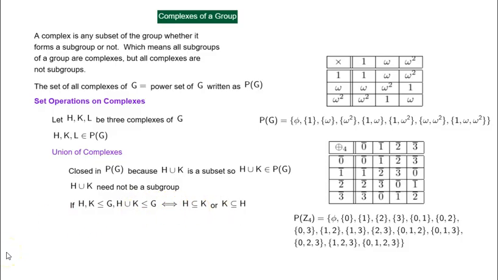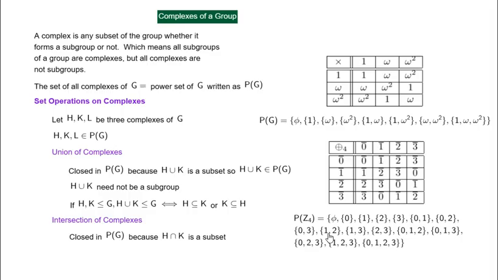Now let's look at intersection of complexes. It is again closed in the power set of G because H intersection K is a subset. Again, take any two. So let's take 1, omega and 1, omega square. The intersection will contain only 1, which is there in the power set.